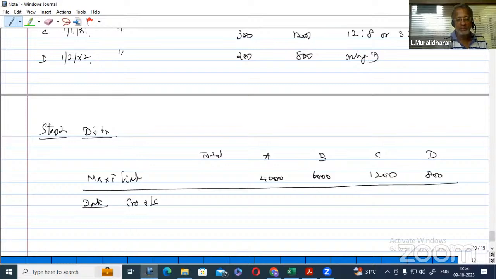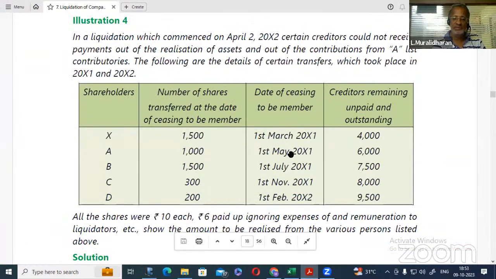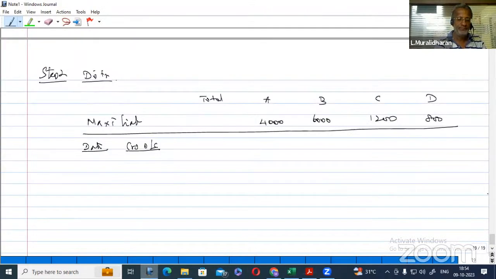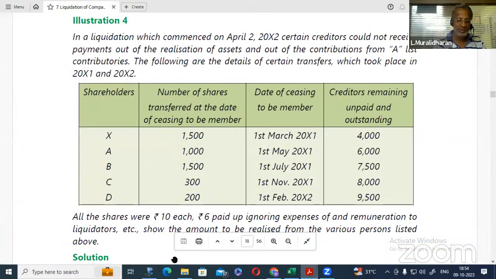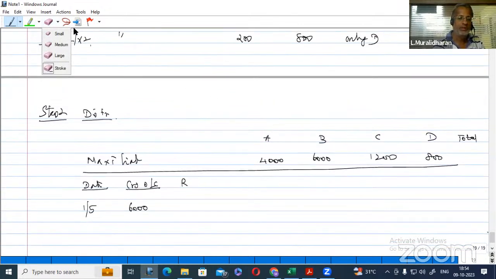Creditors outstanding: first date is 1st May, 6,000. I will have this total at the last.